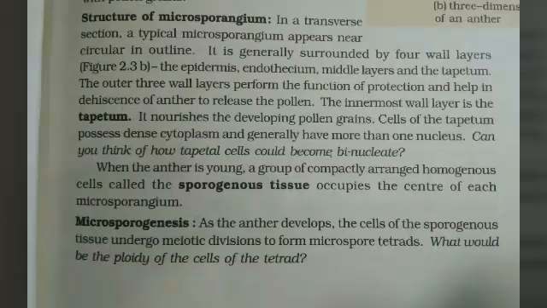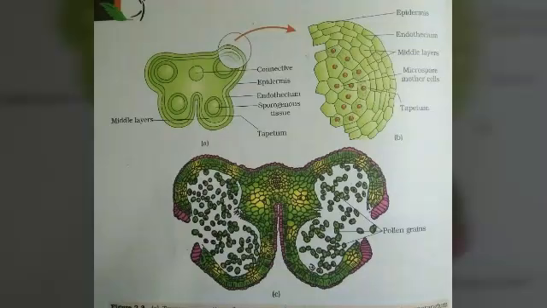The sporogenous tissue is called the microspore mother cell. The cell which produces the pollen grain is called the pollen grain mother cell, PMC for short.